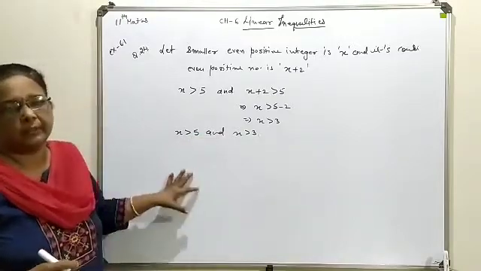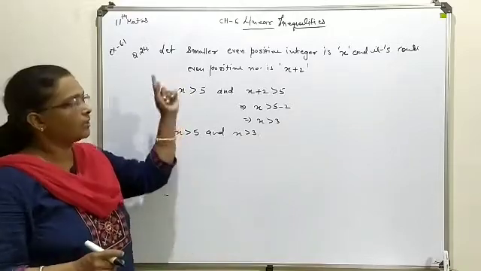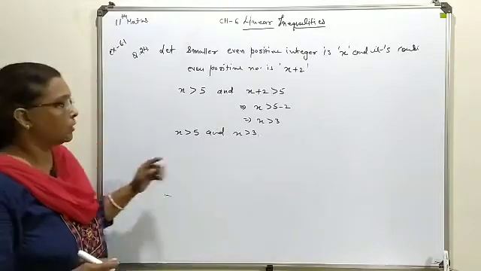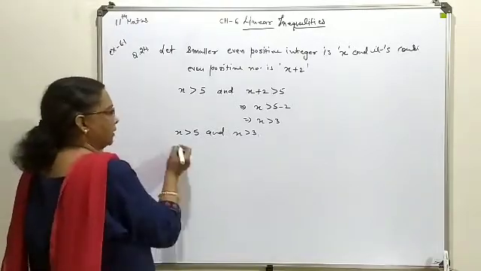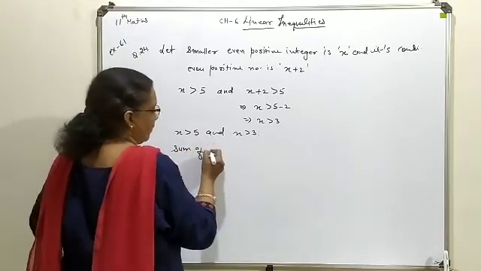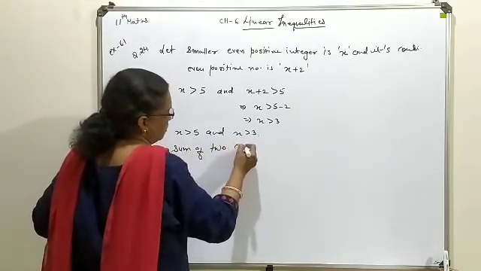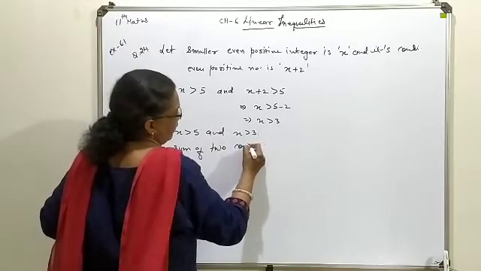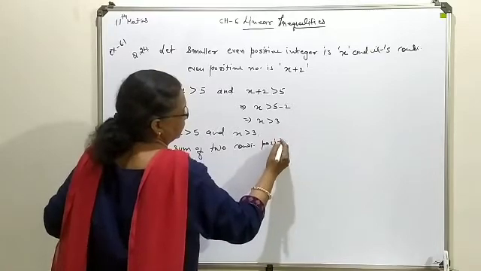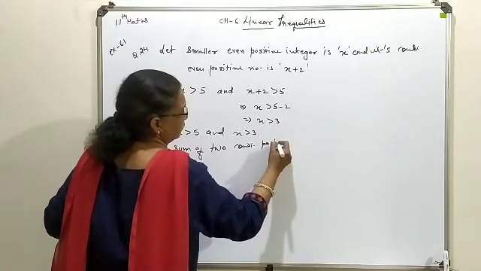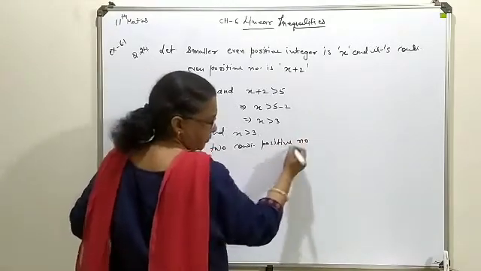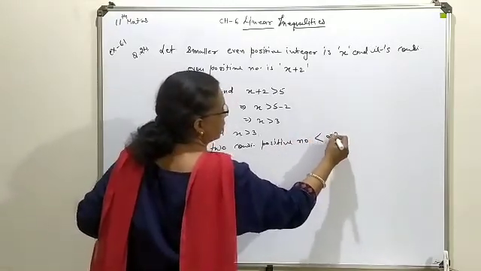Now what is the third inequality available? The sum of these two is less than 23. So the second condition is that the sum of two consecutive positive numbers is less than 23.